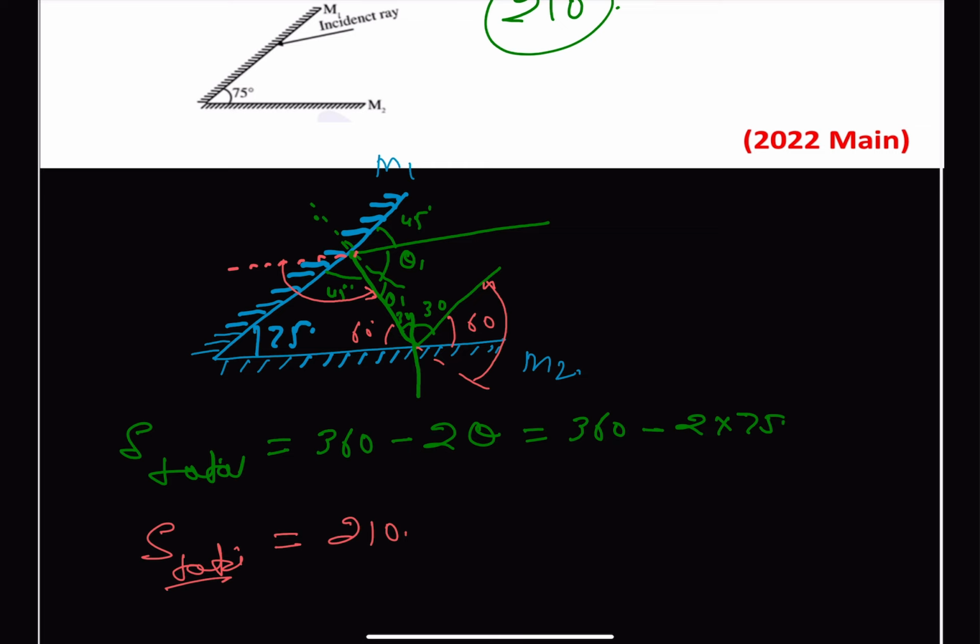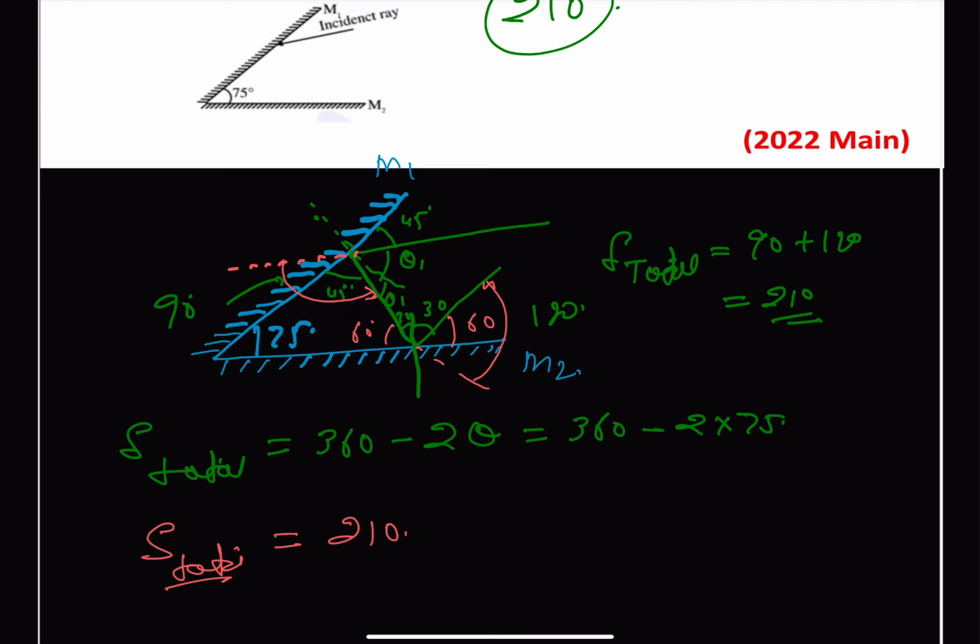Not much is required here, because if we need to find out, this total angle will be 120, and this angle will be 90, and here the total deviation will be, once again, if you want to find out with respect to angles, 90 plus 120, giving us 210.